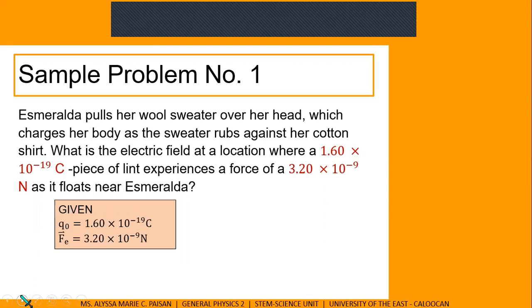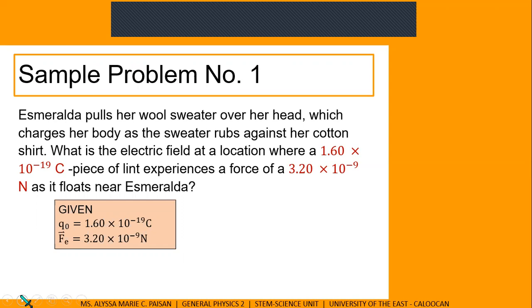Tsaka mas maliit siya. Ito po yung keyword mo, no? Sabi, a piece of lint experiences a force. It's the one that experiences the force. So test charge is the one that experiences the force due to the electric field emitted by the point charge. So, ang taga-exert ng force palagi is yung bigger charge.